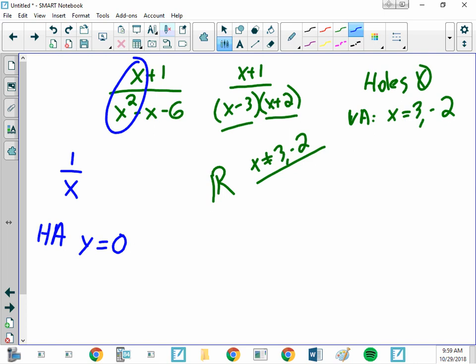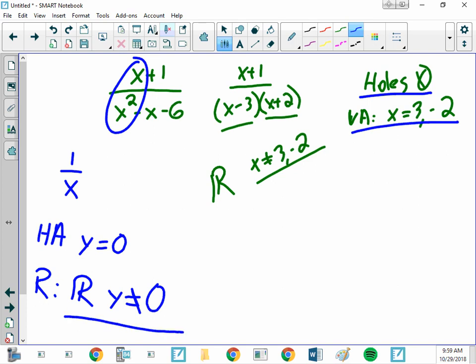And that's in fact the range. The range is all real numbers, but y is not allowed to be 0. So your holes and your VA will tell you your domain, and then your HA will tell you your range. Well, most of the time.